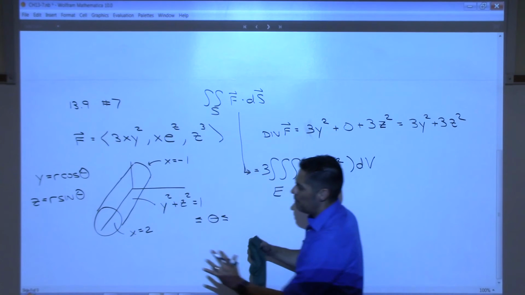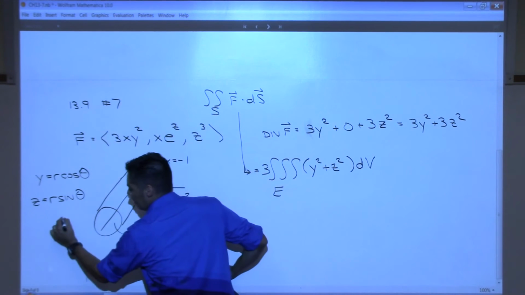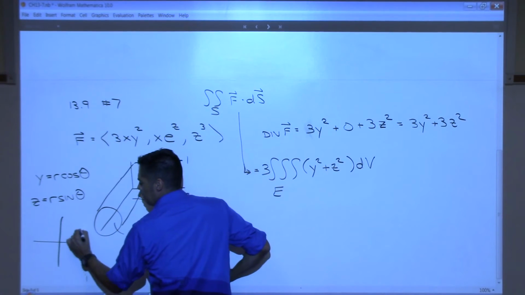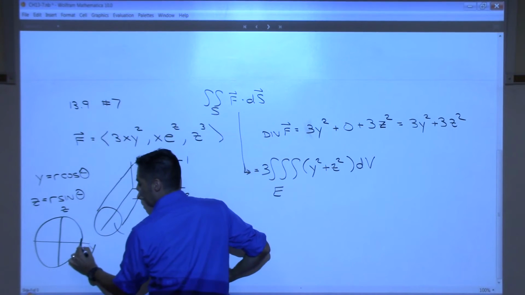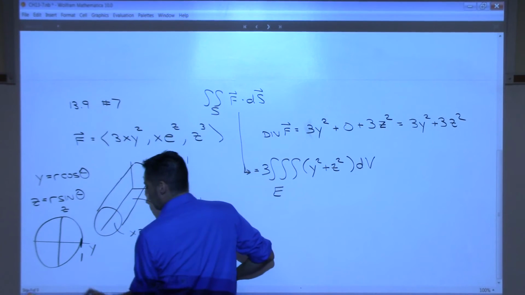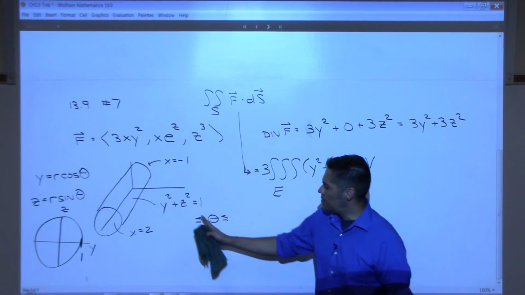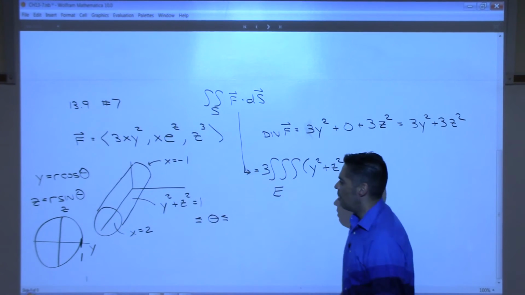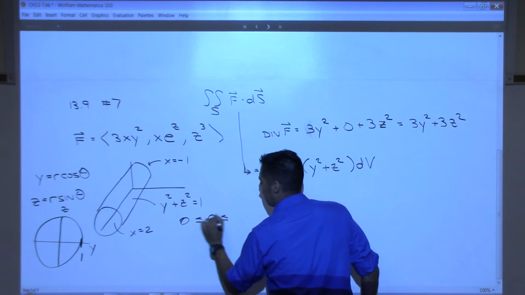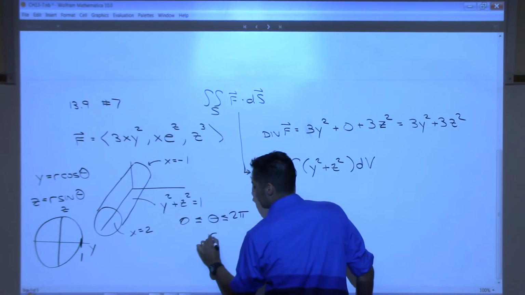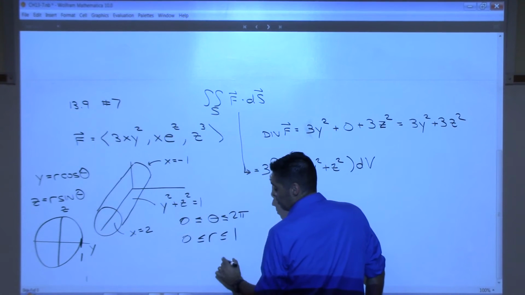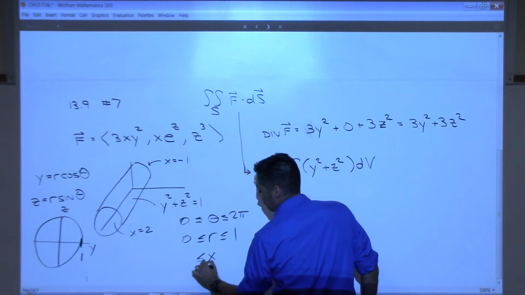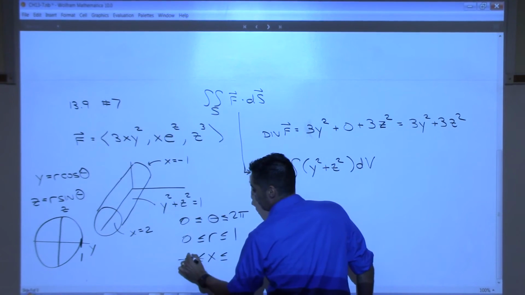So remember, if we're picturing this cylinder, where it intersects the yz plane creates a circle of radius 1, right? Because of this equation. And so I want the whole circle, 0 to 2 pi. I want my radius to go between 0 and 1. And the last variable, which we need a restriction on, x is between -1 and 2.